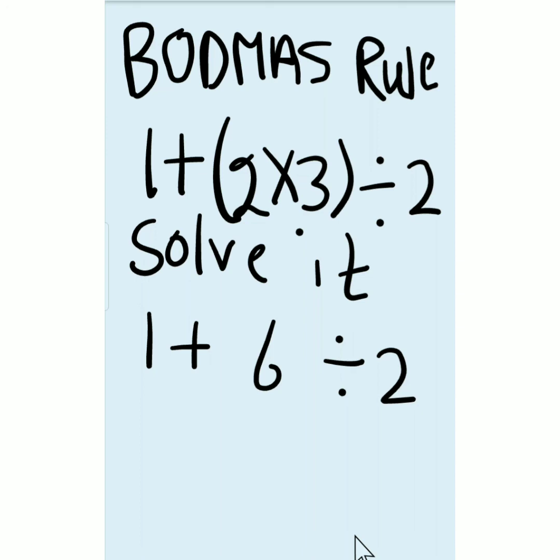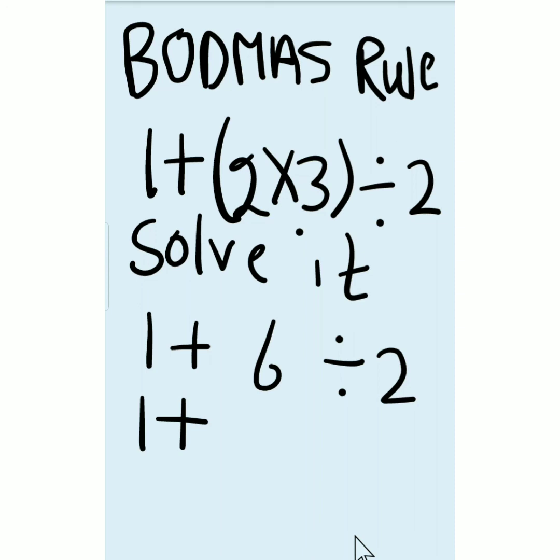Now there are two operations, addition and division. Look at our rule BODMAS, which will come first? From left to right, 1 plus we're not going to solve first because addition is at the end. We first solve the division because division comes first in this BODMAS rule.